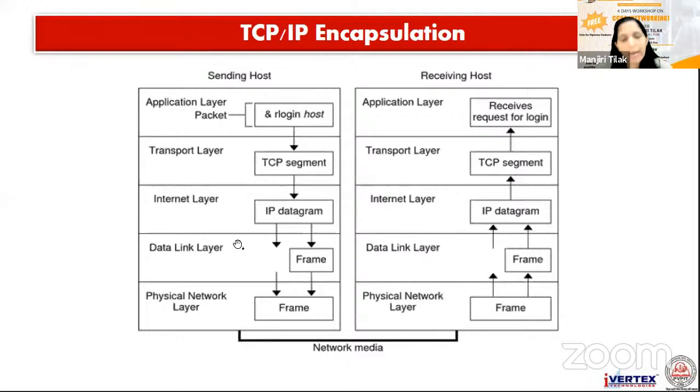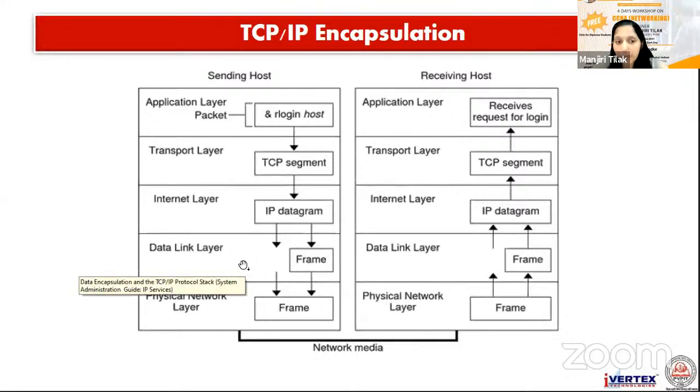Encapsulation means what? Encapsulation is nothing but adding headers, right? Whenever you send a request from the application layer to physical, each layer is going to add its own header to it, right? When the transport layer adds a header, the data will be encapsulated, and it is known as a segment, correct? Then the network layer is going to add its own header. Again, your data will be encapsulated, and it will be known as a packet, correct? Then the packet will be handed over to data link.